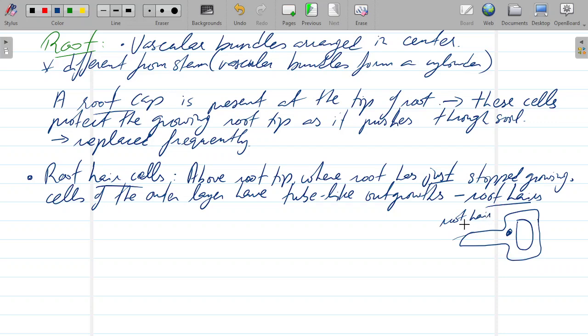This is a root hair cell, and this might be longer. What these cells do is grow between the soil particles and close to the soil particles.